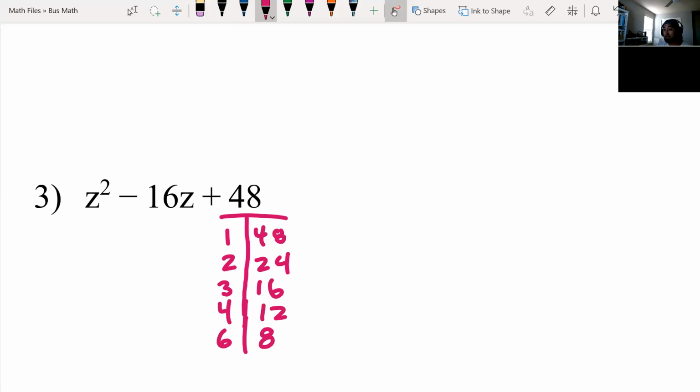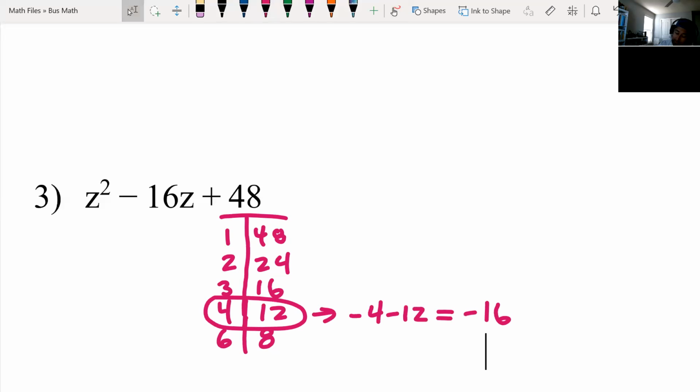So which of these factors can get us to 16? Negative 4, negative 12. Good. 4 and 12. Negative 4 minus 12 gives me negative 16. And by our sign chart survival guide, that's minus plus, which means again we're going to have minus minus, as shown there.